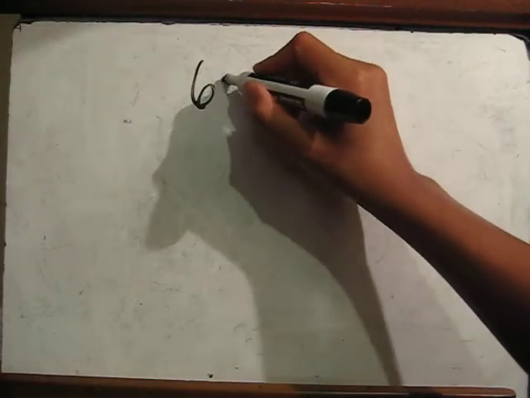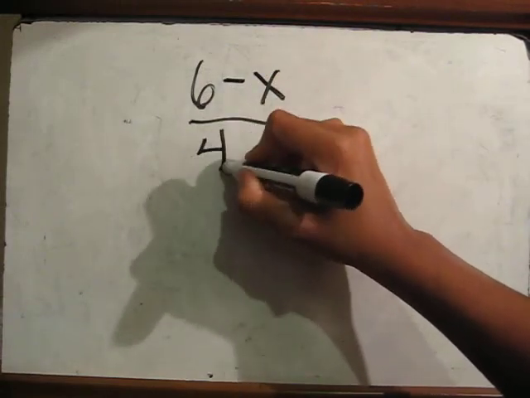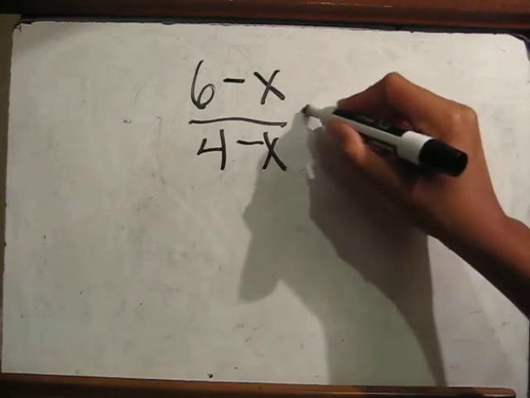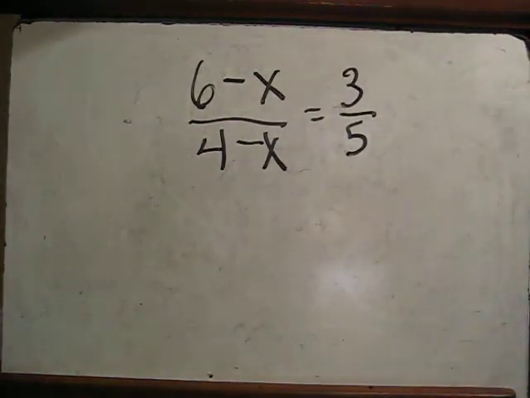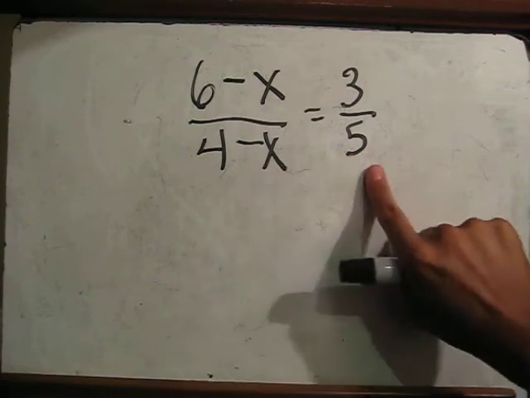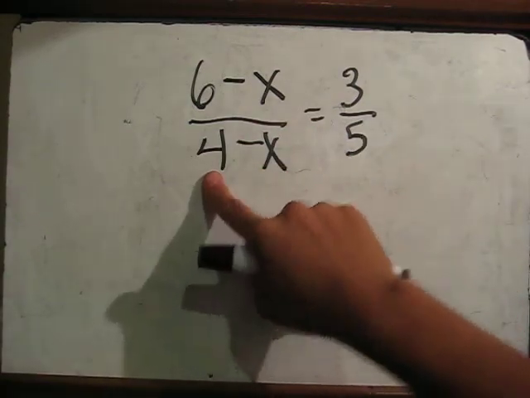Okay, let's solve 6 minus x over 4 minus x equals 3/5. Okay, so in this case, let's find our least common denominator. Well, in this case, it's 5 times 4 minus x.